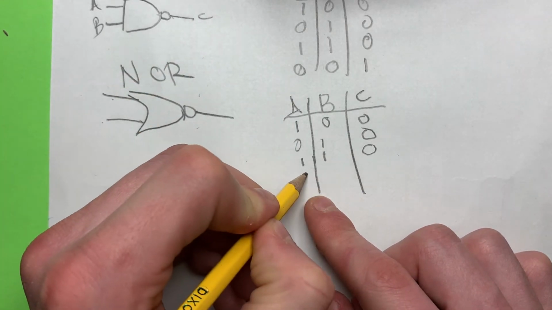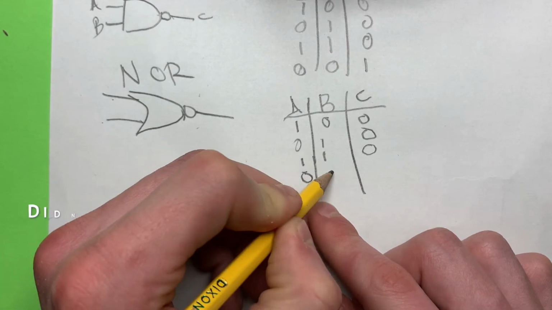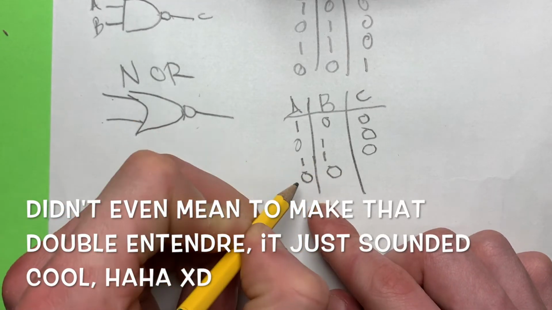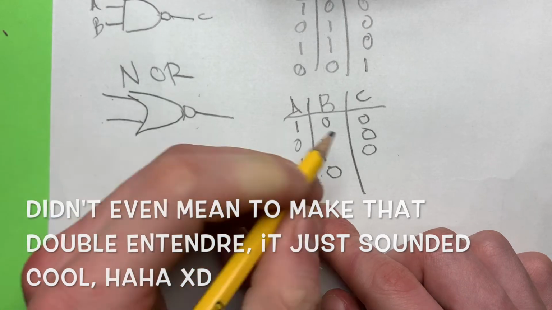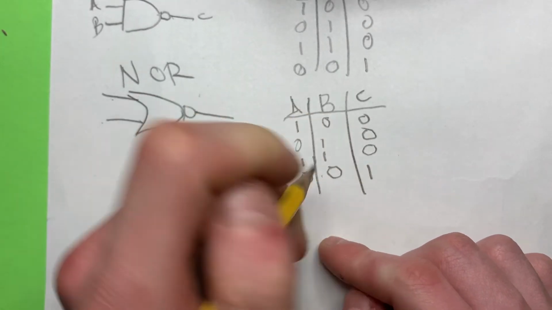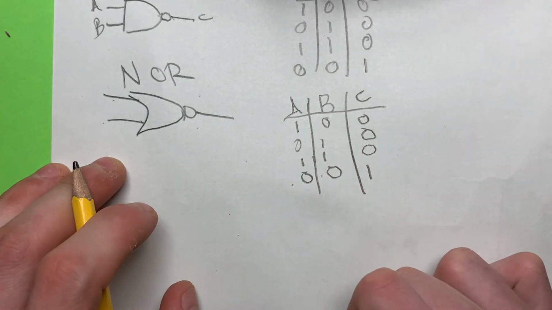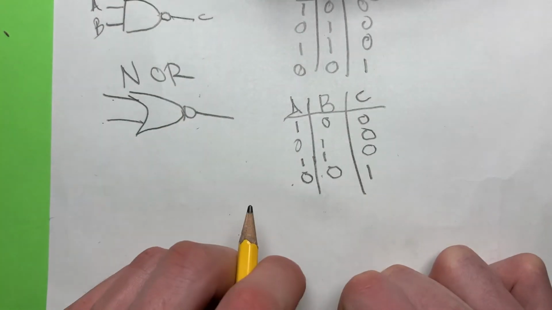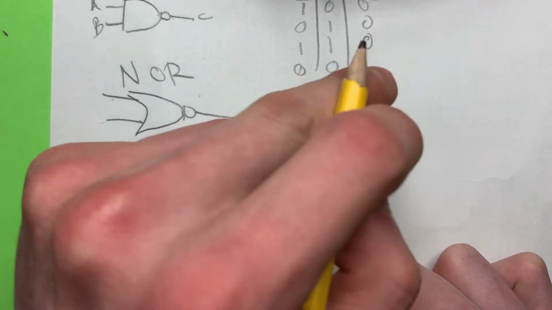But the truth lies in when the NOR gate is supplied with 2 zeros. That is what causes a 1, a true. So a NOR gate will only be true if both of its inputs are false.